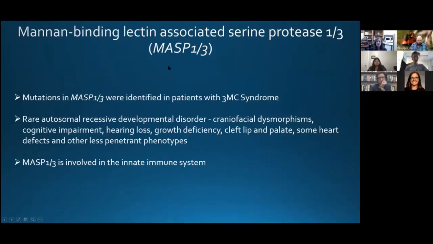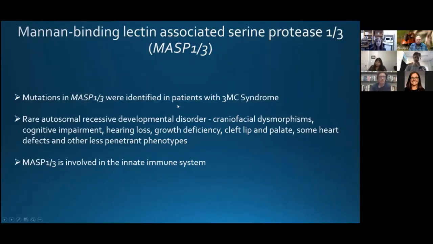And interestingly, mutations within this gene were identified in several patients that have a syndrome called 3MC syndrome. This is a rare autosomal recessive, so inherited developmental disorder that comes with a number of different phenotypes. These include changes in the shape of the facial structures, cognitive impairment, hearing loss, and a number of others.